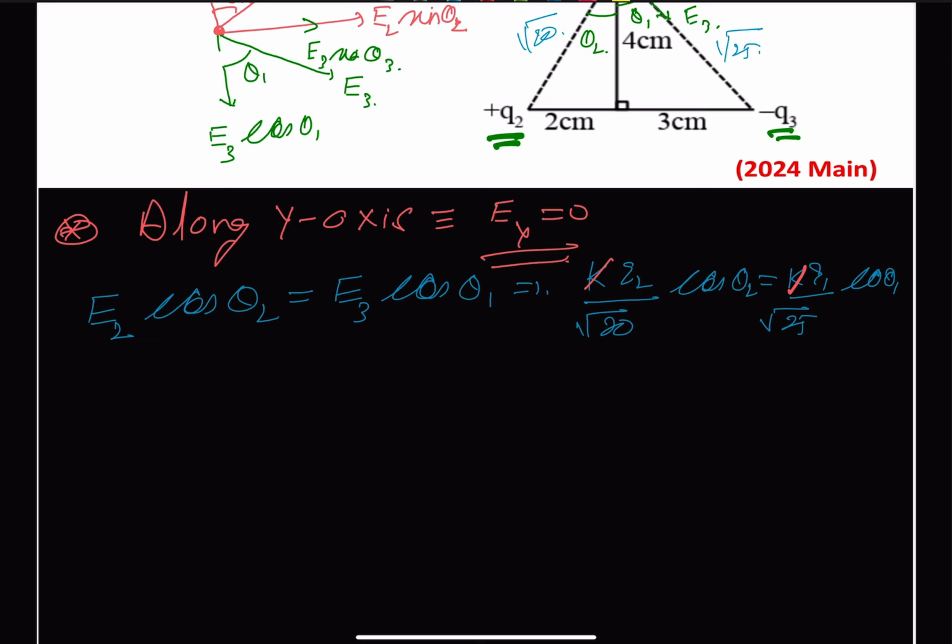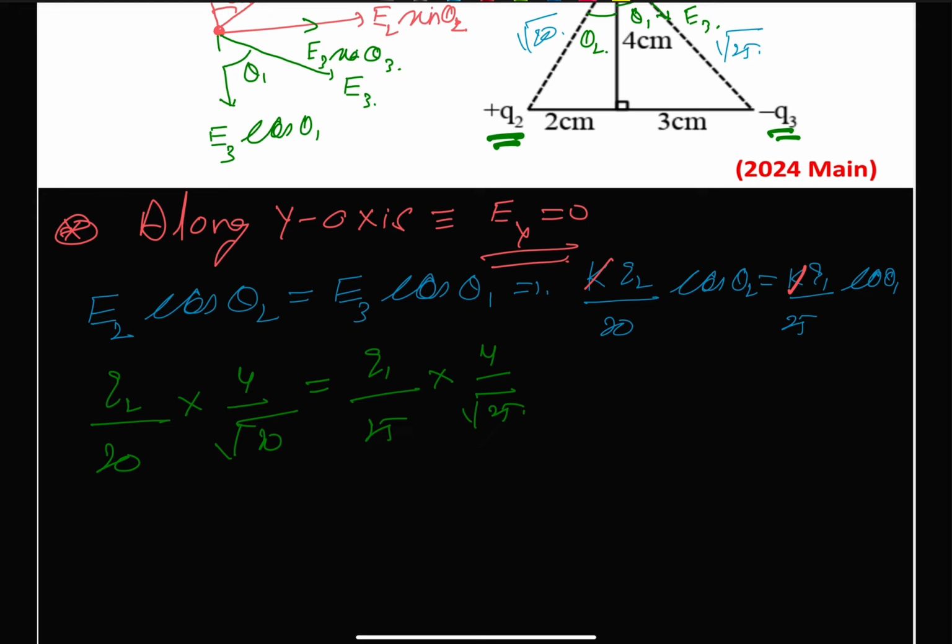Now it's correct. So we get this as our Q2 upon 20, multiplied by 4 upon square root of 20, is equal to Q1 upon 25 into 4 upon square root of 25.